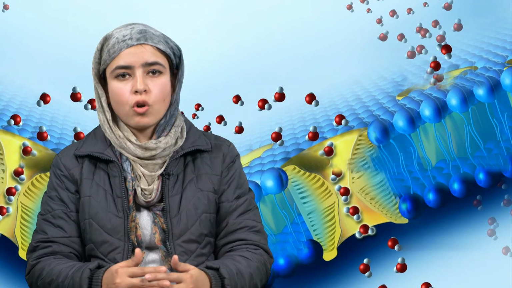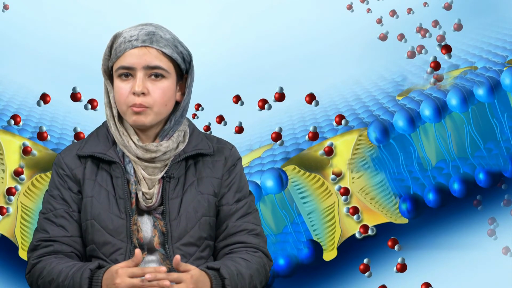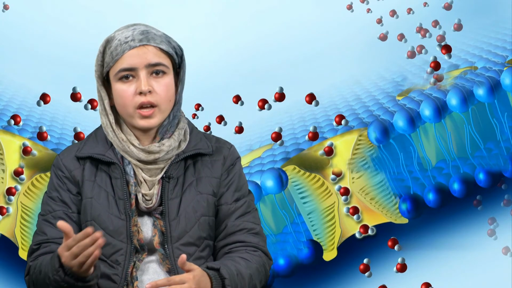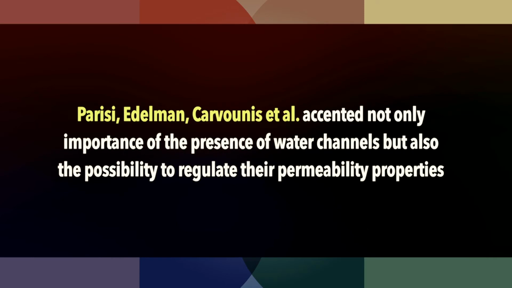Water molecules cross until the next interphase where they left the lipid phase and returned to an aqueous phase. Studies by Parisi, Edelman, Corvinus et al. accentuated not only the importance of the presence of water channels but also the possibility to regulate their permeability properties.